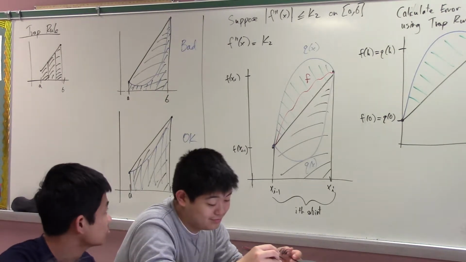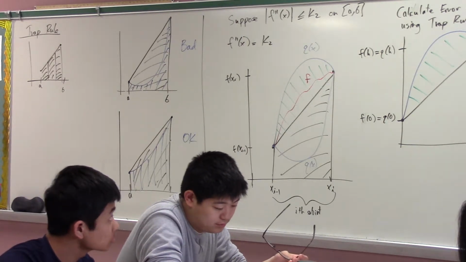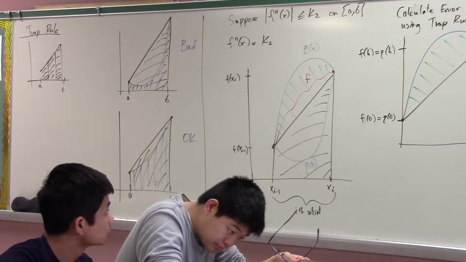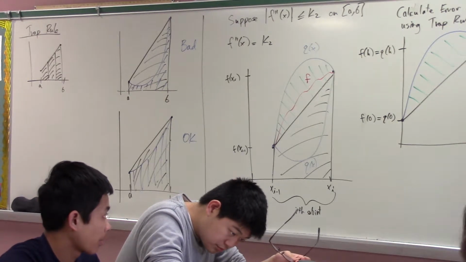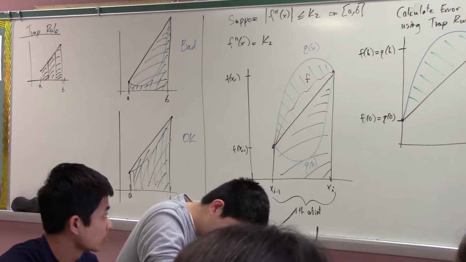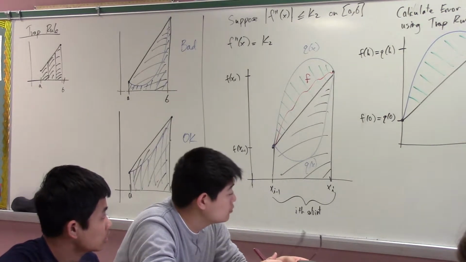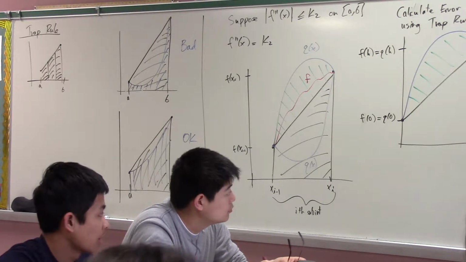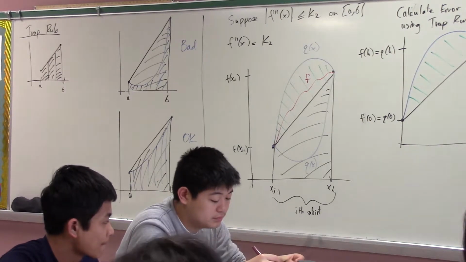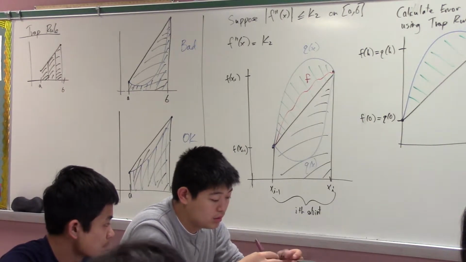And what's q? 1/2 k2x squared plus cx plus d. So q is some function which looks like that.